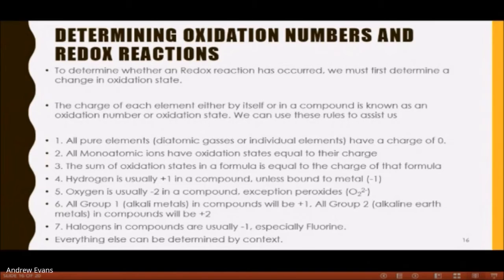What's the easiest thing to do? Lose 2 or lose 1. So those are straightforward. Finally, halogens are usually -1, especially fluorine, but everything else is by context. So going down the table, follow those rules, doing 7 last.